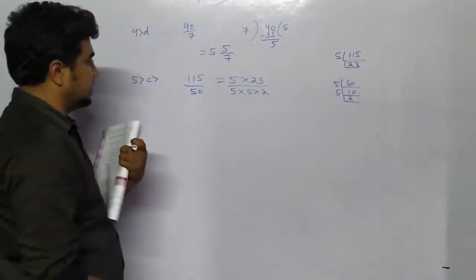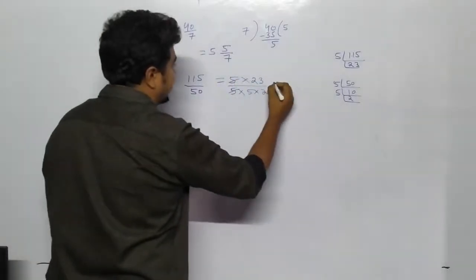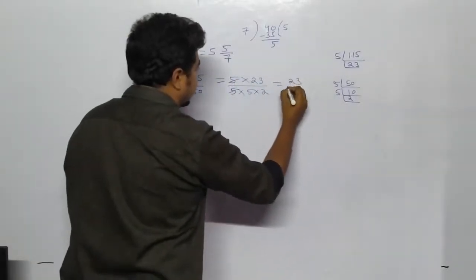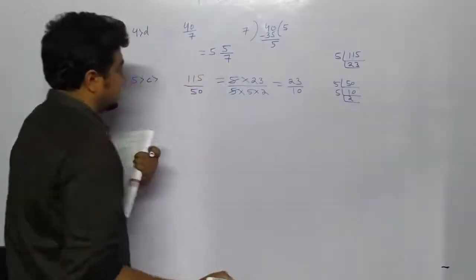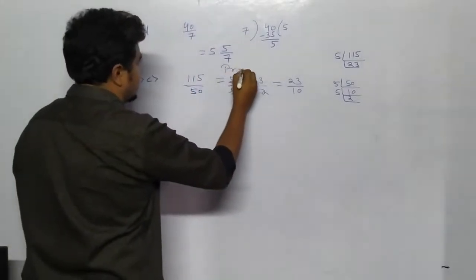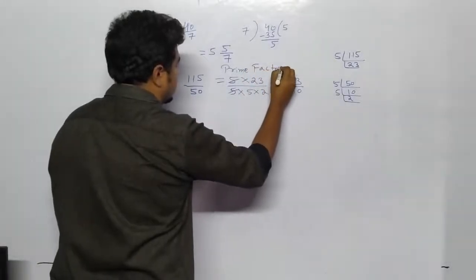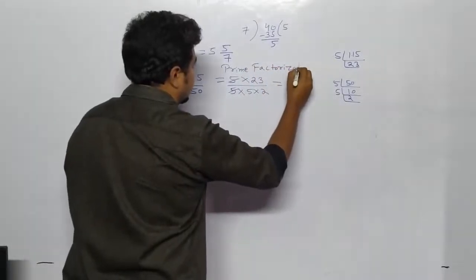So what is common, what will be cancelled? 5 and 5 are cancelled, which means you will be getting 23 by 10. This is by the prime factorization method.